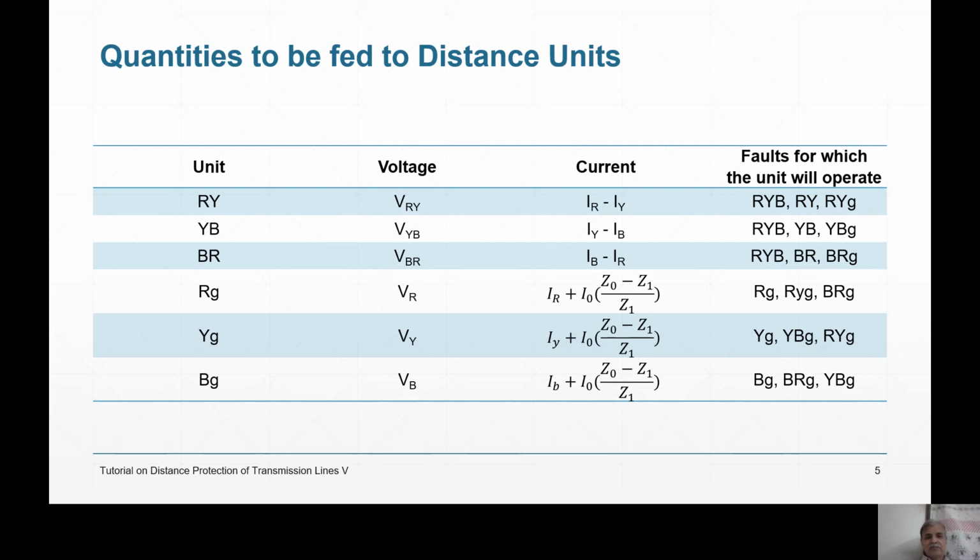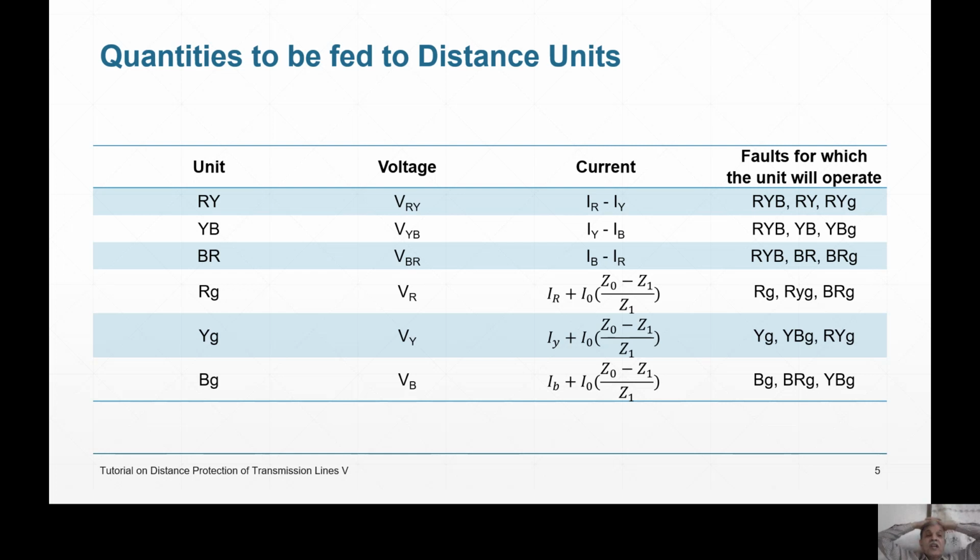Similarly RG, YG, BG, these 3 units are also different for ground faults, and the quantities to be fed are also different. So in the non-switched distance scheme, there are 6 different units.